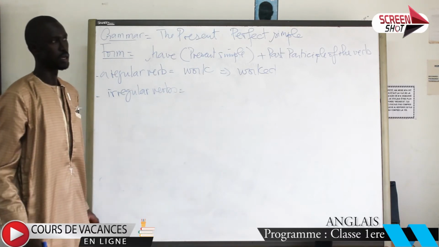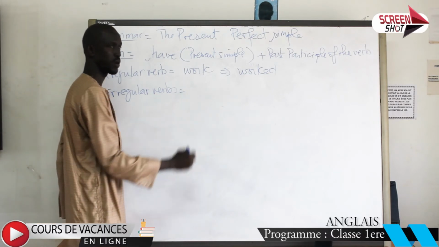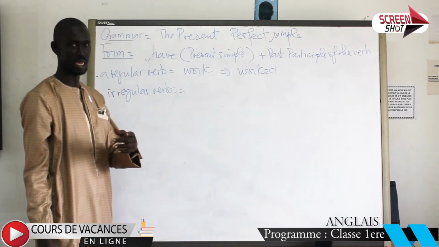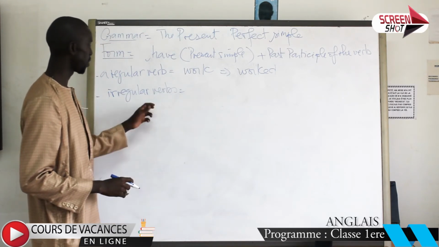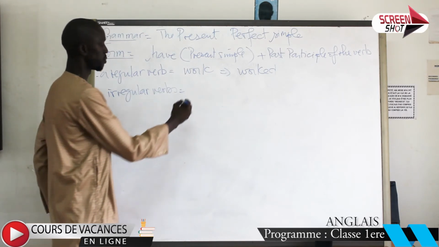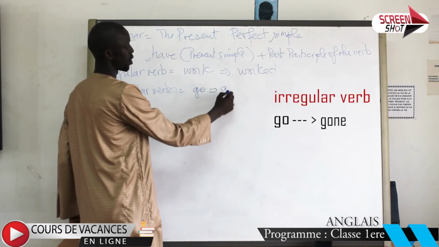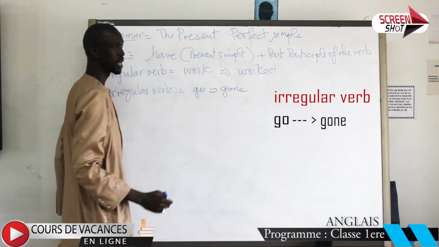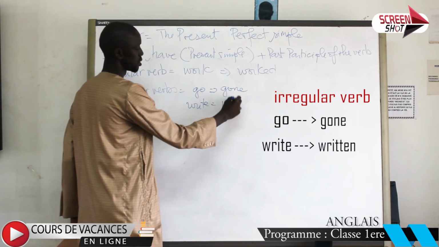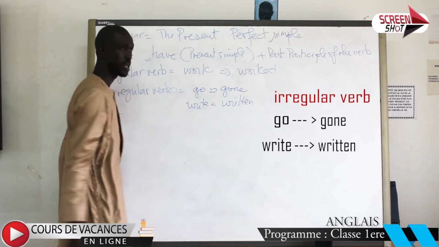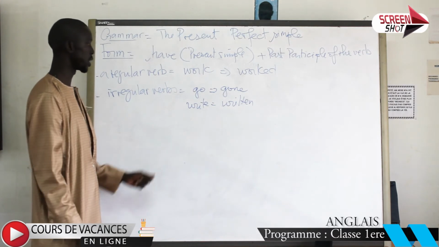So here, there is not a set form. What we have to do is only check the list of irregular verbs. The student must check the list to know the past participle of the irregular verbs. For example, the verb to go, the past participle is gone. The verb to write, the past participle is written. That's why we say there is not a set form. What you have to do is check the list of irregular verbs.